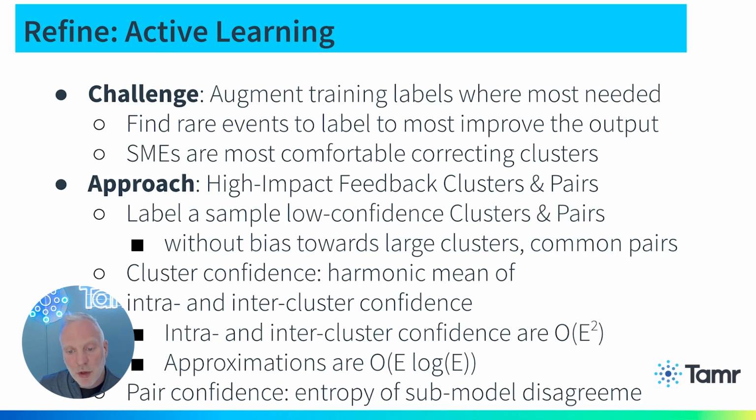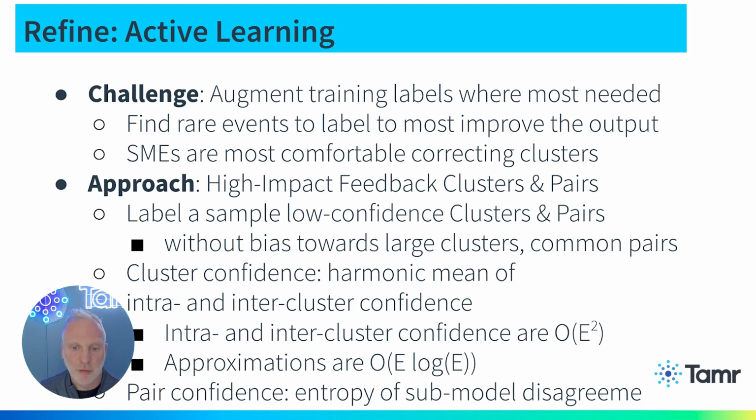The next thing that we want is for the system to request input from the subject matter expert to facilitate active learning. This is the system trying to gather information that is going to help it resolve uncertain cases where its confidence is low. So we want to find training labels. We want to find pairs that can serve as training labels where it's most needed.